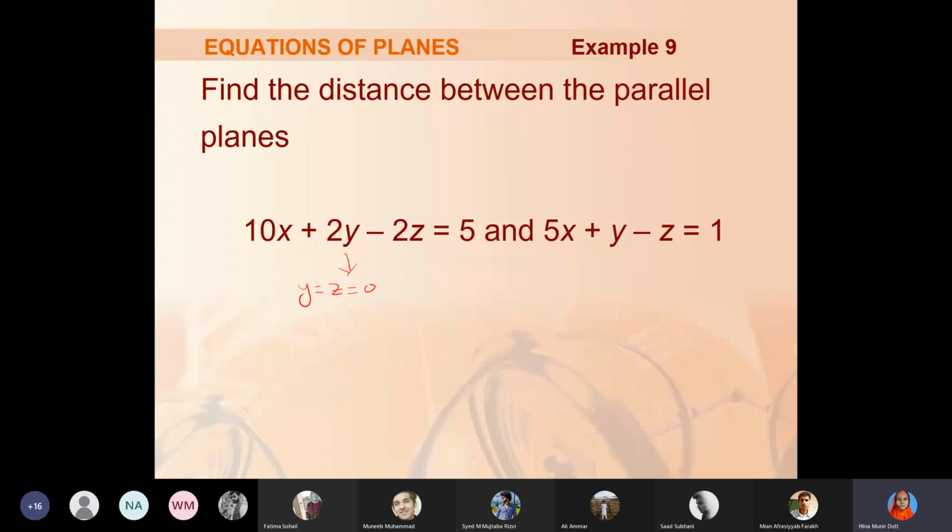So when I put y and z equal to 0, I will get 10x is equal to 5, which is x is equal to 1/2. So any point on the plane, the first plane is this.